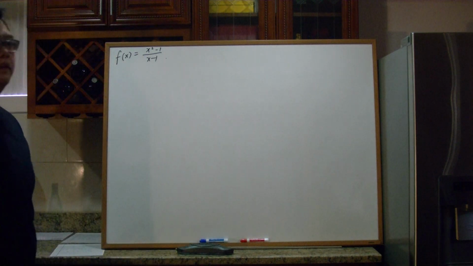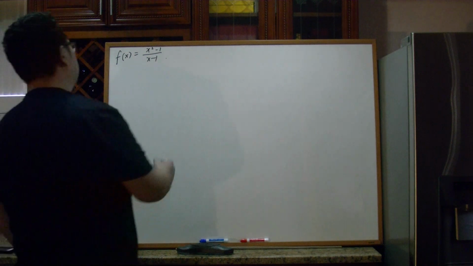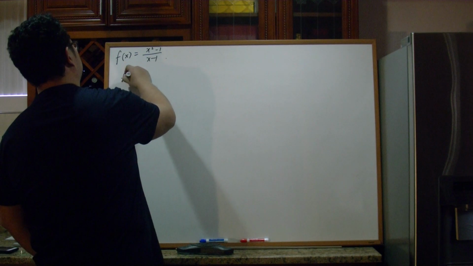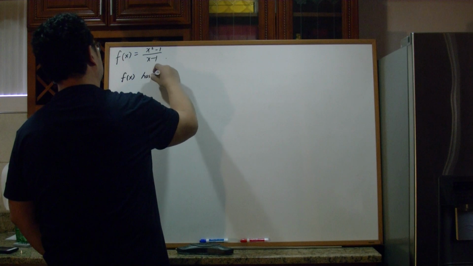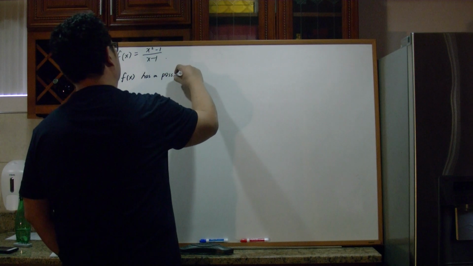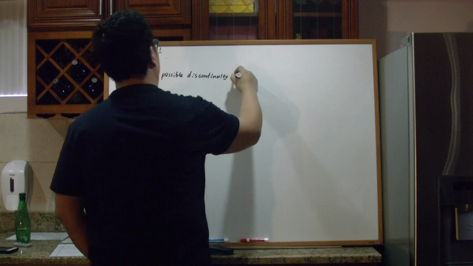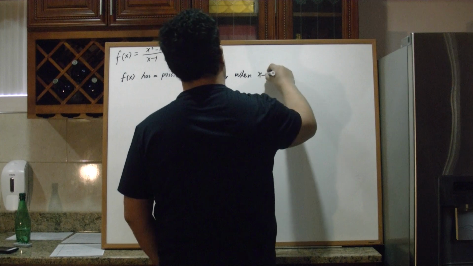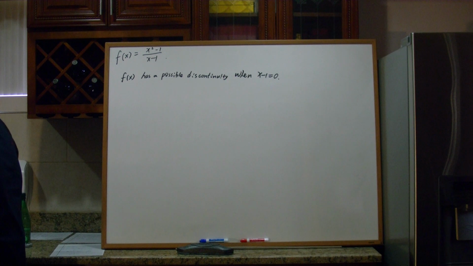This rational function is a little different. Like the previous questions from the last couple of sections, we have seen this type of rational function can be simplified. But still, for a rational function, the only possible discontinuity is where its denominator equals 0.